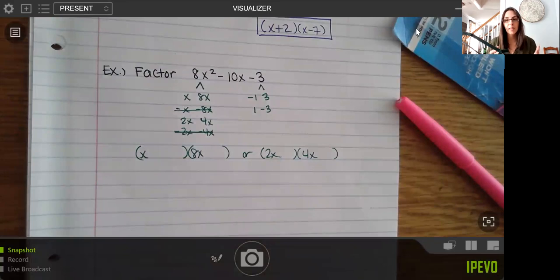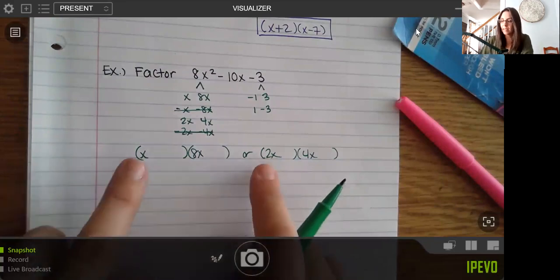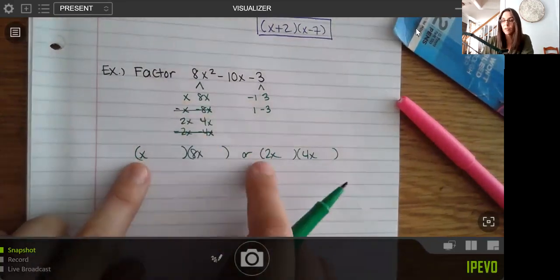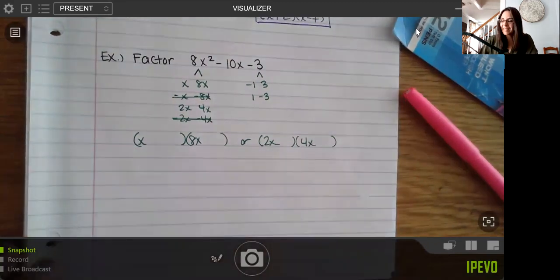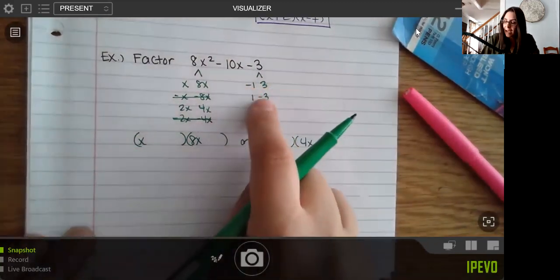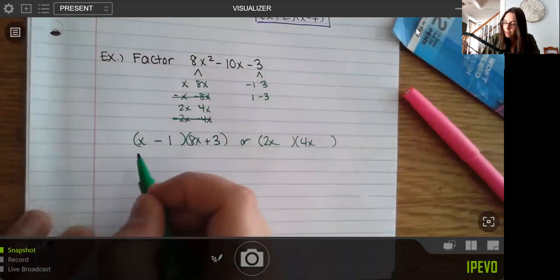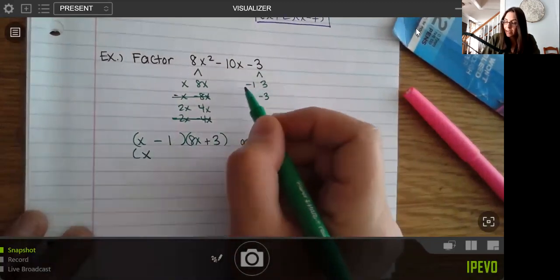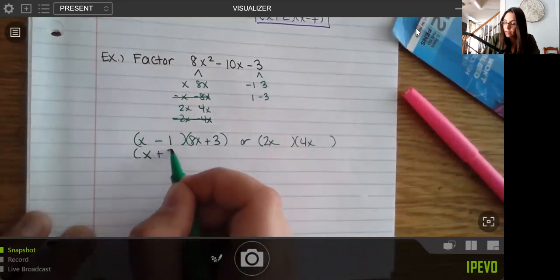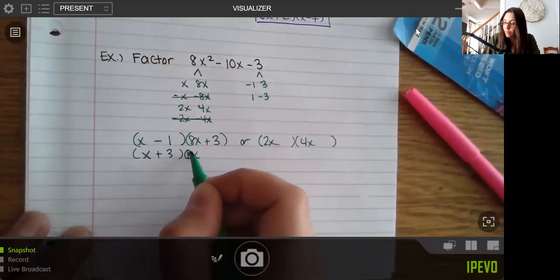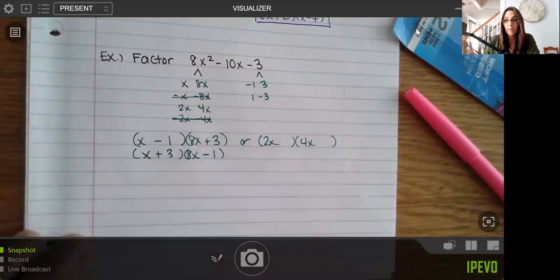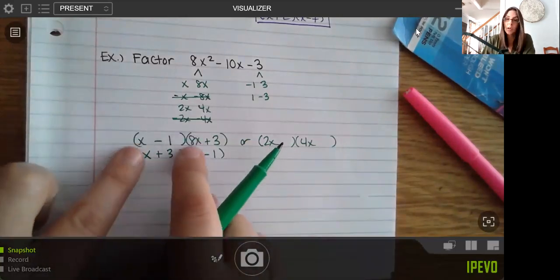And the other thing that gets tricky when you have not just x and x is that you have to watch the ordering. So for instance, over here, if I do -1 and +3, that is not the same answer as if I did +3 first and then -1 second. And the reason that it could be different is because your first terms are not the same anymore.